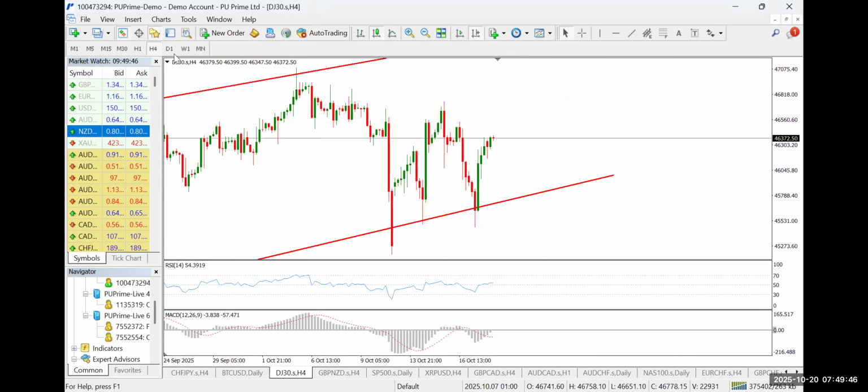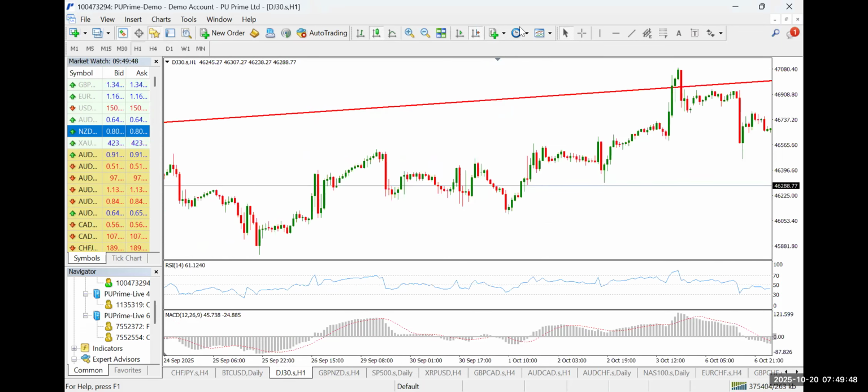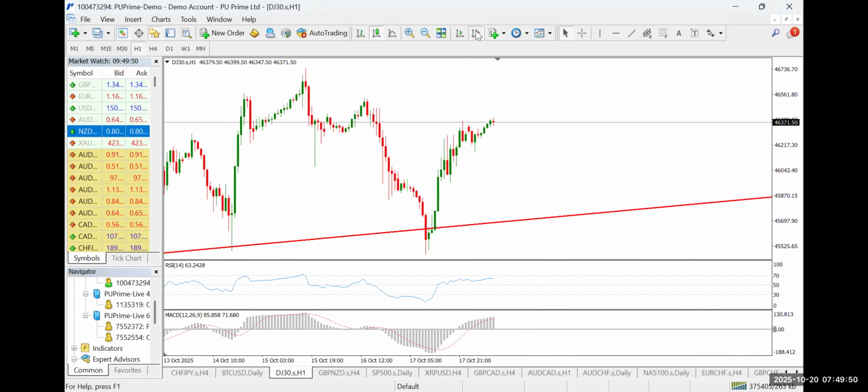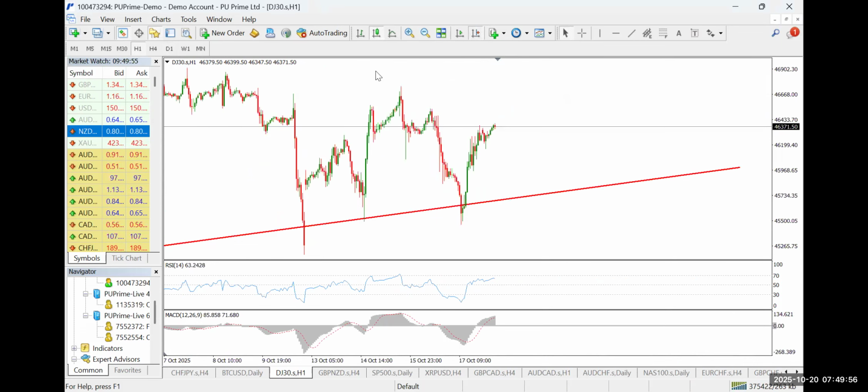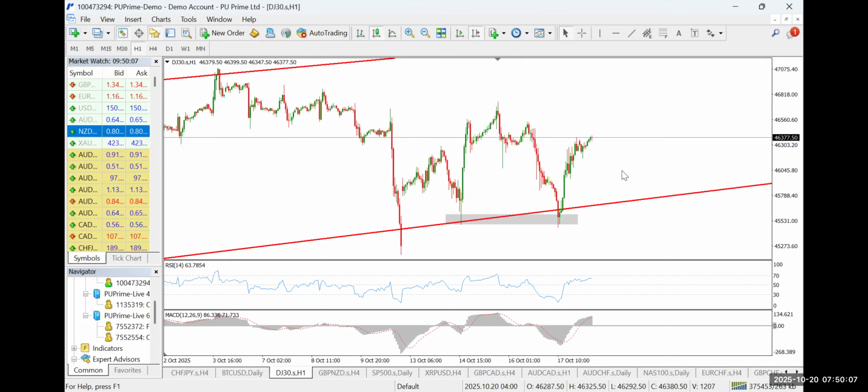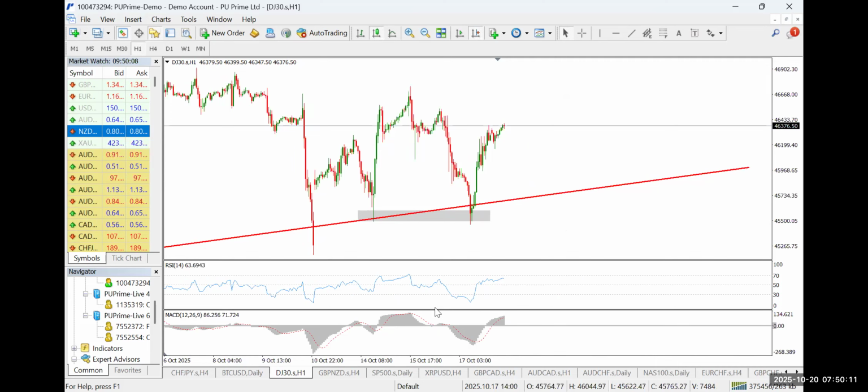This is 4 hour. And this is 1 hour. There's also a support zone there that reinforces the movement to the upside, some of which already happened. We've seen a move up here.